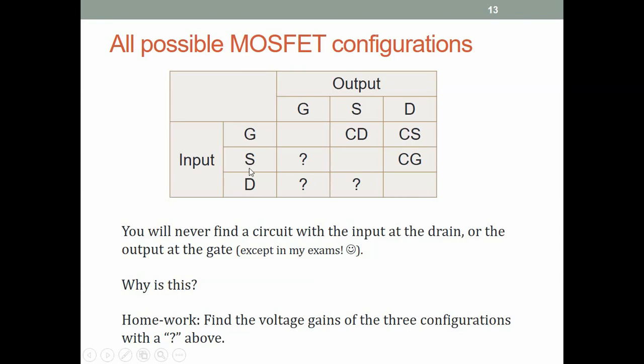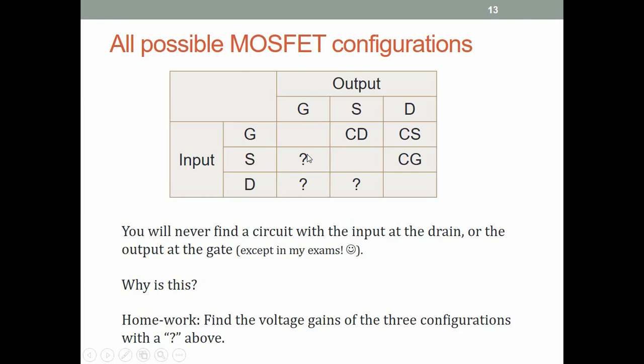I can use any of the three as inputs and any of the three as outputs. So if I use the input at the gate, take the output at the source, then I have a common drain. Input at gate, output at drain is common source. Input at source and output at drain is common gate. Alright, so these three we've studied. Of course, these three are blank because I can have the input at gate and output at gate also.